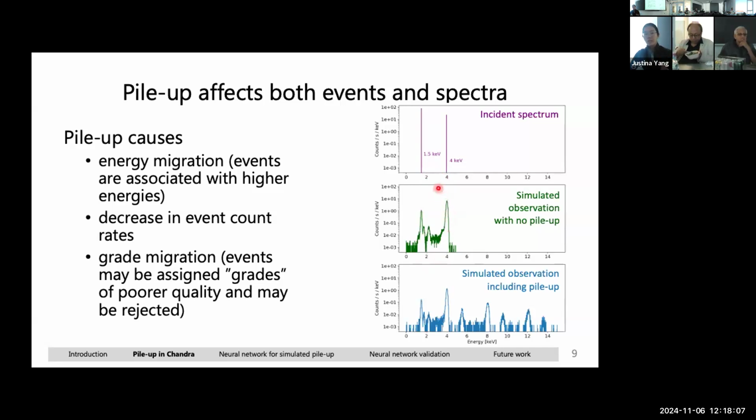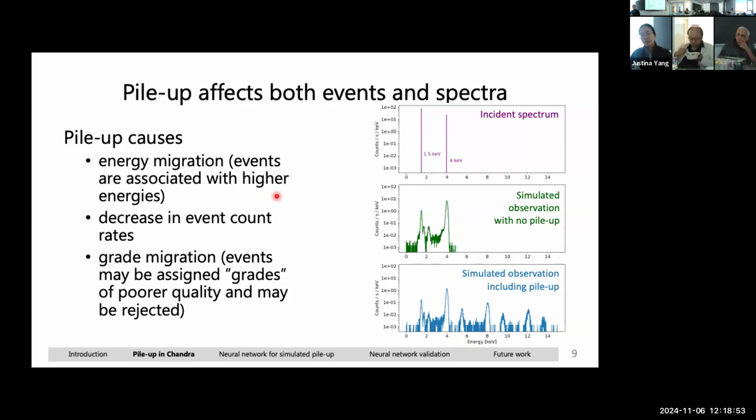But with pileup, X-ray photons of these 2 energies can arrive at the detector close enough together in time that you'll get signal at not just the first energy and the second energy, but the sum of the 2 energies, twice the first energy, twice the second energy, and so forth. So your events will incorrectly be associated with higher energies than they would be if you didn't have this detector effect. That's the first bullet. The second bullet point is your event count rate will decrease, because if you don't detect every photon and instead detect one event instead of multiple photons, then the event count rate will be lower than it would be ideally.